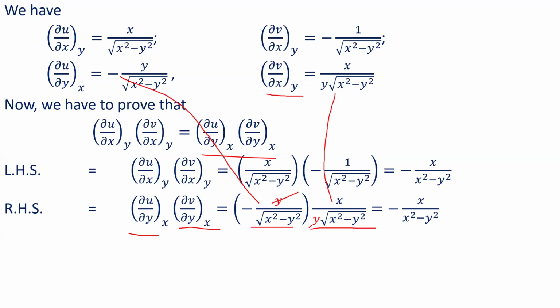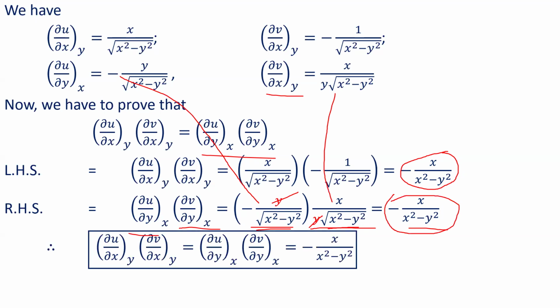So this y will cancel, giving minus x upon root x square minus y square into root x square minus y square, which is x square minus y square. Just look here, the left hand side is minus x upon x square minus y square, and the right hand side is also minus x upon x square minus y square. So clearly both are equal, and whose value is minus x upon x square minus y square. Hence proved.